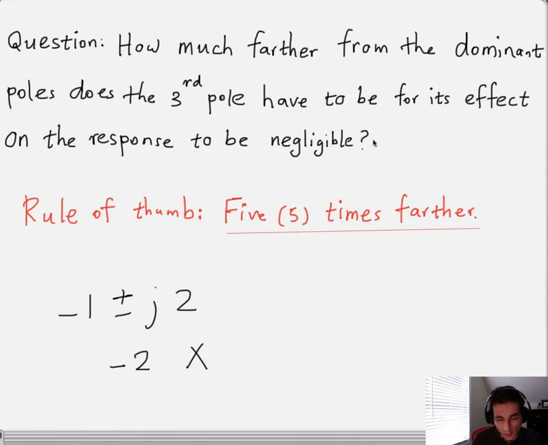But if the extra pole is, let's say, at -10, you can ignore the effect of that extra pole, because this is definitely more than 5 times farther away. You just have to compare the real part. You don't really look at the imaginary part. You just look at the real part. For this one, it's definitely more than 5 times further away.